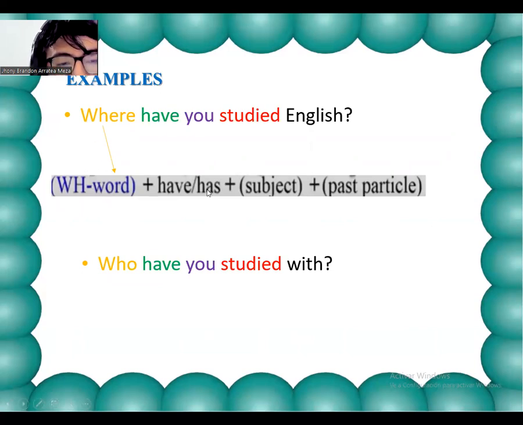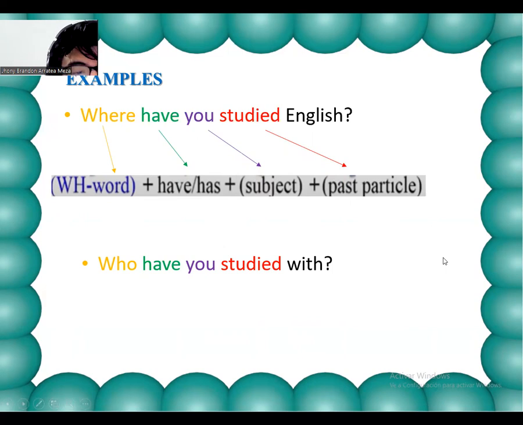What about the verb? In this case, the verb is have. And what about the subject in the first sentence? Is you. Very good, students. And finally, what about the verb in past participle? Very good, studied.